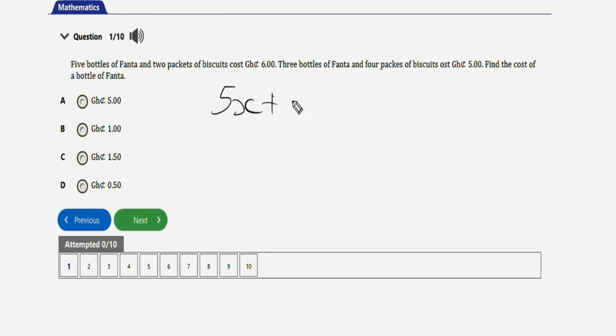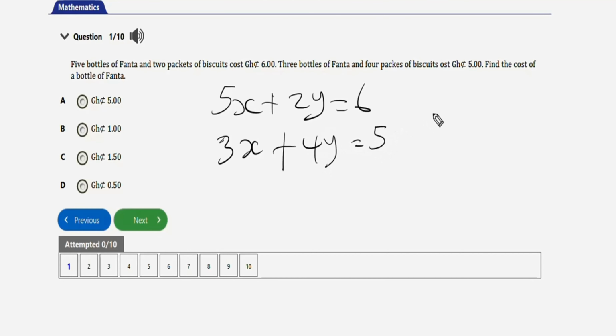Let biscuit represent Y, so 2y equals 6 Ghana cedis. Then another one will be 3 bottles of Fanta, 3x plus 4 packets of biscuits, so 4y equals 5 Ghana cedis. So let's solve this now with the calculator.